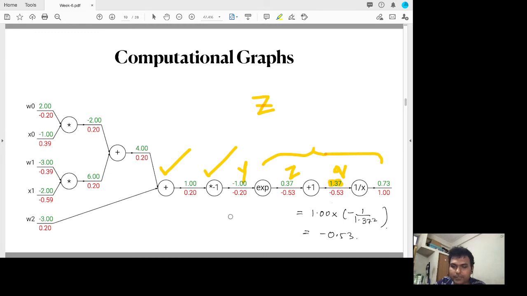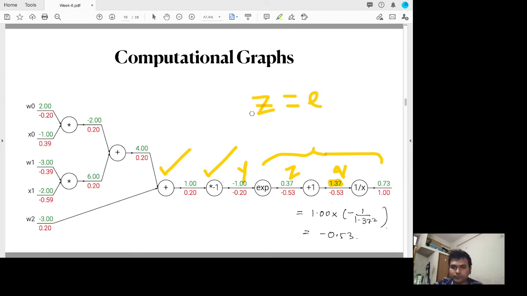So what is dou z dou y? Z equal to e raised to y.